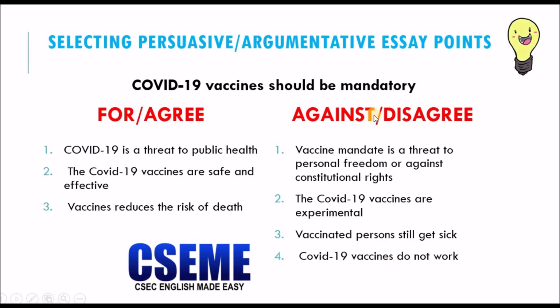If you disagree, and this is the position you're taking, then these will be your counter arguments. So right then and there, based on your brainstorming, you would have already identified your counter arguments, which would make it very easy for you to write.